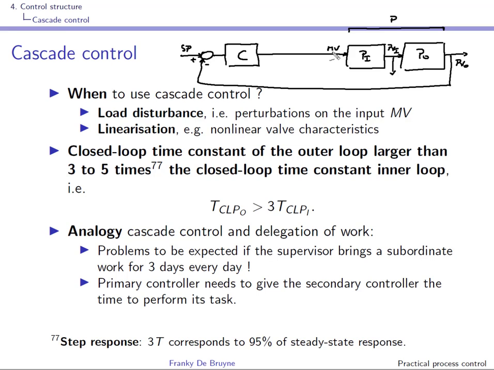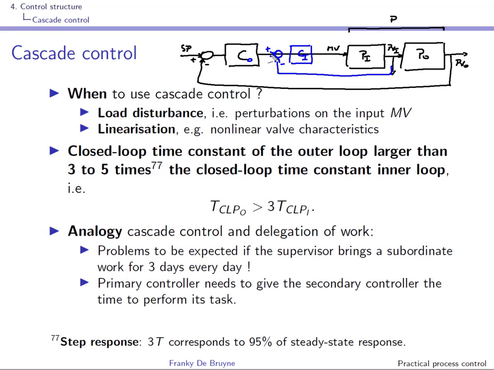Another reason is that maybe the relation from MV to the inner PV is nonlinear, and often this is due to, for instance, nonlinear valve characteristics. Well, then using this inner loop, we'll have a linearizing effect, in the sense that this closed loop will look linear from here, right?